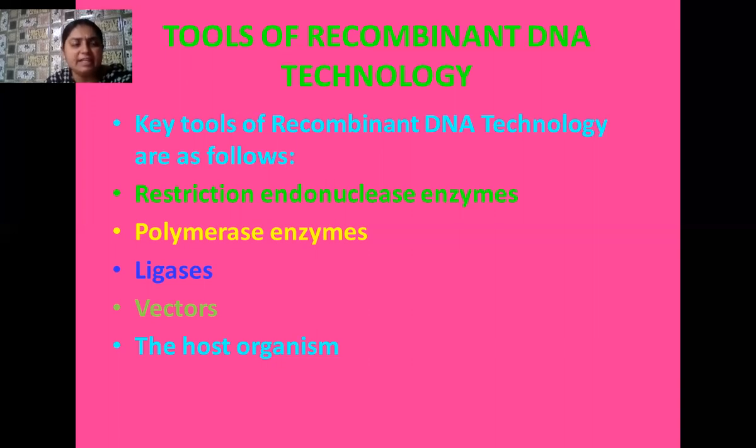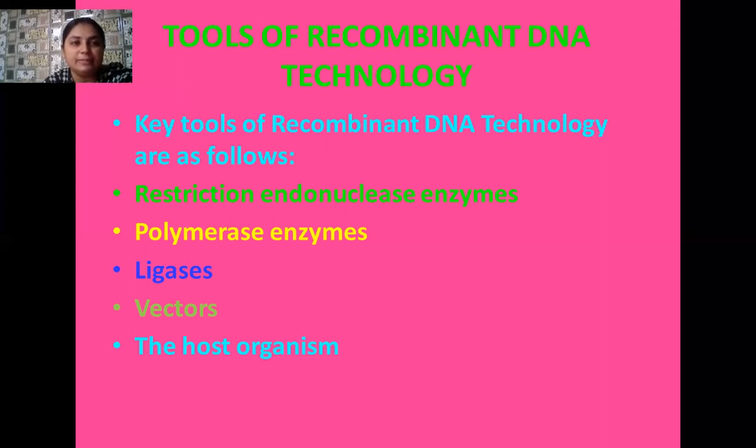And so these sticky ends are present in the alien piece of DNA as well as in the plasmid DNA. So whenever we want to bind our alien piece of DNA with the plasmid DNA, then this strong binding or the sealing of the ends takes place by the application of an enzyme, and that enzyme is known as the DNA ligase enzyme.